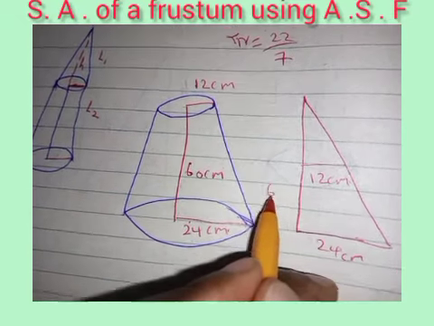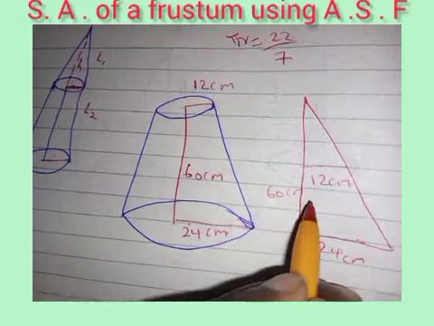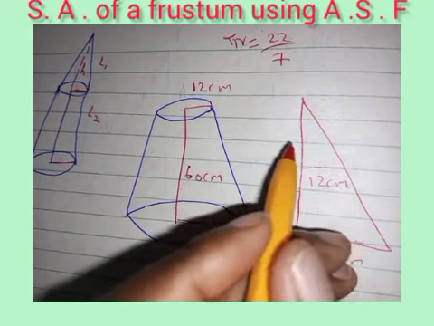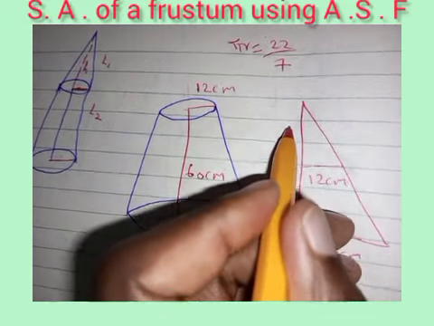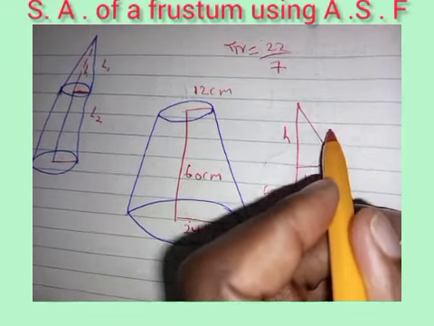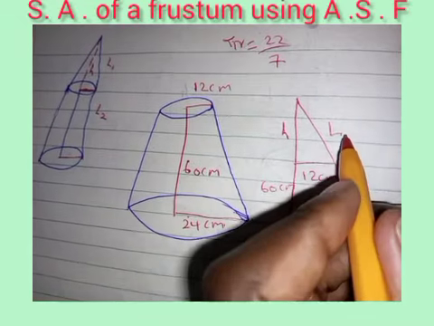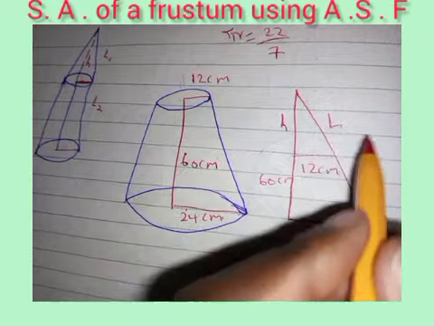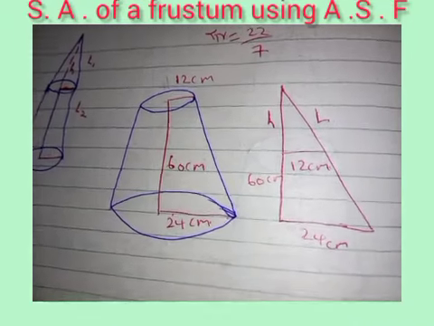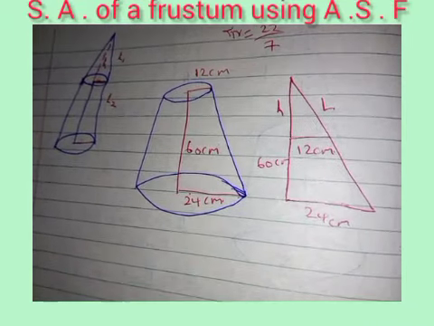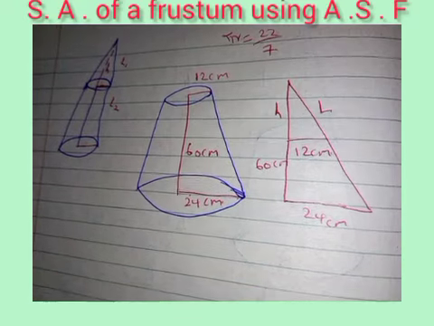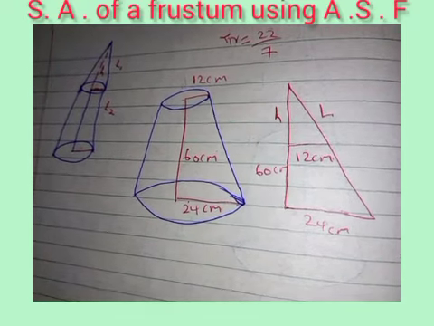Here you are given 60 centimeters. This part here you can call it h, and you can call this part L. Then the objective is to obtain L and h.